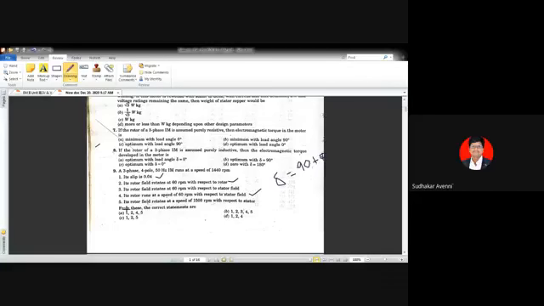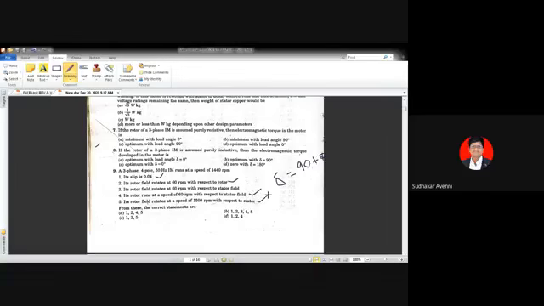Next, see the fifth statement. Its rotor field rotates at a speed of 1500 rpm with respect to stator. So the fifth statement is also correct.